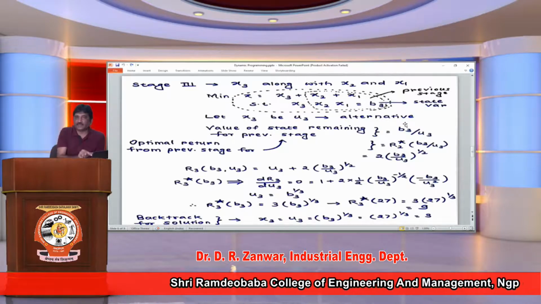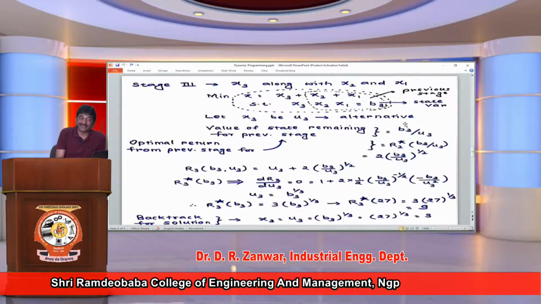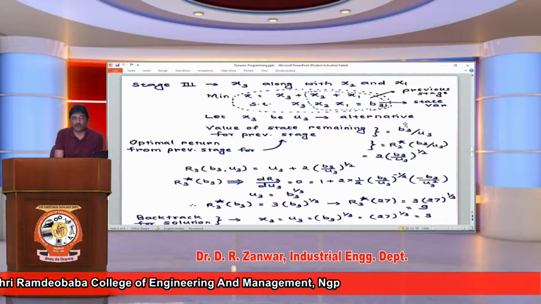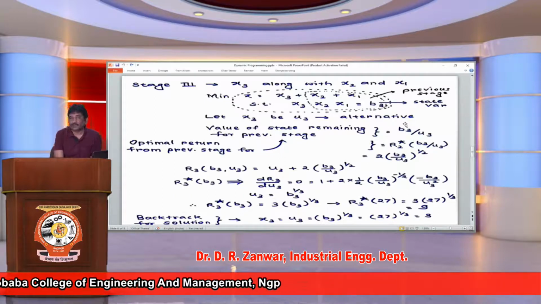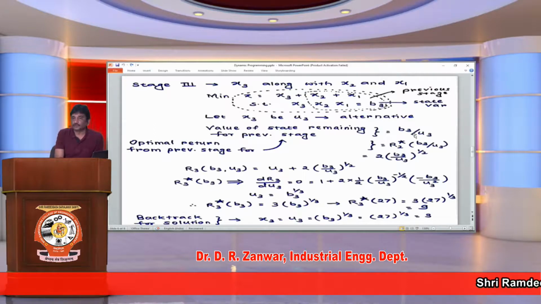Okay, we have state variable b3, alternative u3. Now let us find the value of state remaining for previous stage. Now that I have consumed u3 for x3 and my state variable is b3, what remains for previous stage will be b3 by u3.